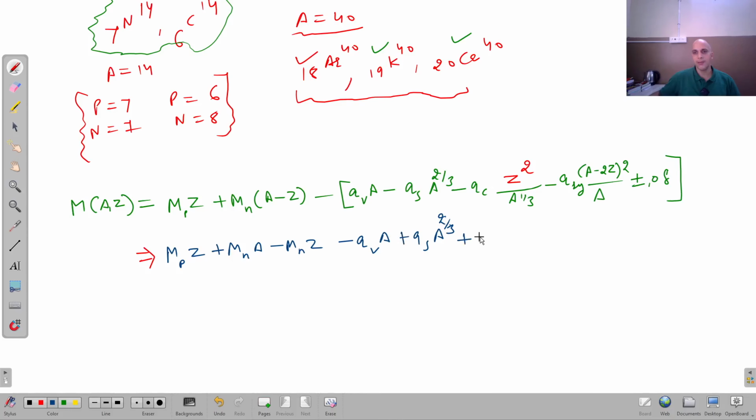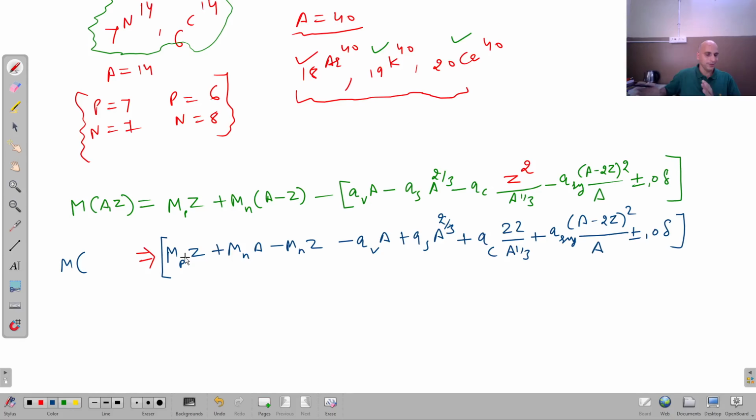Then again we will have plus A Coulomb energy Z square divided by A power 1/3 plus A symmetry energy into (A minus 2Z) whole square divided by A, and then again plus-minus delta, right. So this is now the expansion of the different terms. So now what I am doing is taking the same terms inside the bracket and taking some terms outside the bracket.